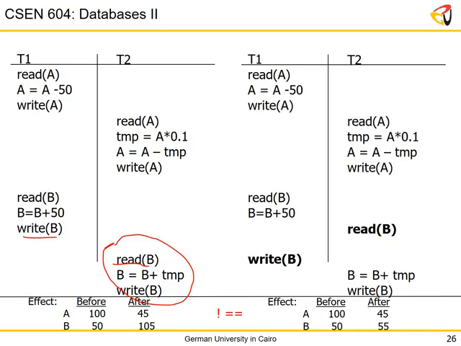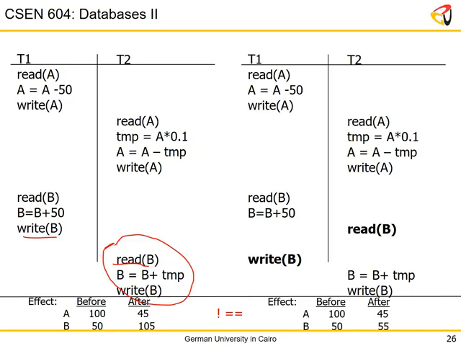So the problem that we are seeing here is that when we started to work with B in T1, when we said read B, B equal to B plus 50, we didn't have a chance to actually write the new B. So when the context switch happened and T2 started to work, it was reading the old B, not the new B. If you look at the schedule on the left-hand side, it says read B, B equal to B plus 50, write B, and then the context switch happens.